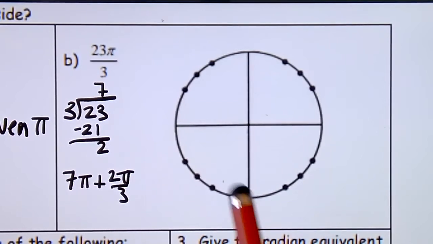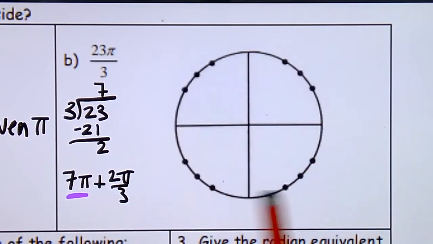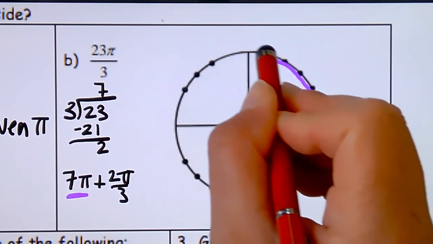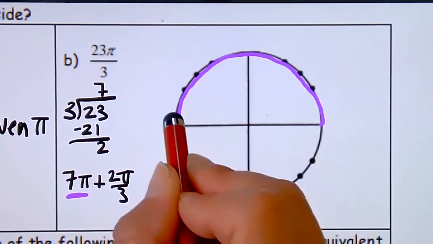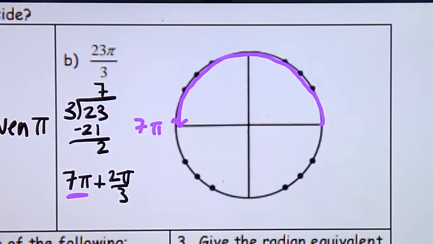So I'm going to draw my 7 pi in one color, and I'm going to do my 2 pi thirds in the other. Now, I'm going 7 pi, so I'm going around and around and around, but eventually I'm going to end up coming to here, and that would be my 7 pi. And then I need to do the remainder of it, which is going to be this 2 pi thirds. So this would be 1 pi third. This is going to be 2 pi thirds.